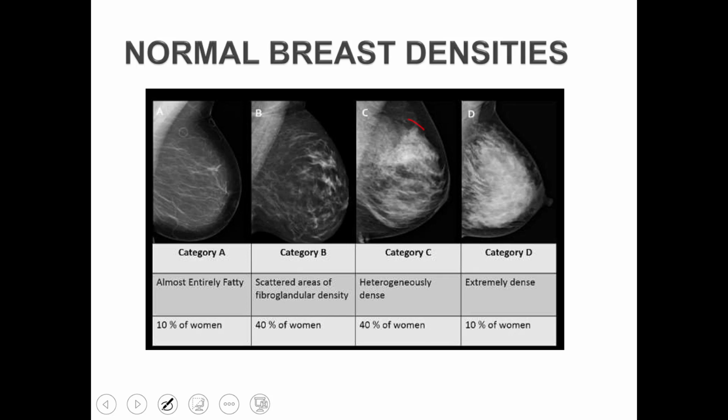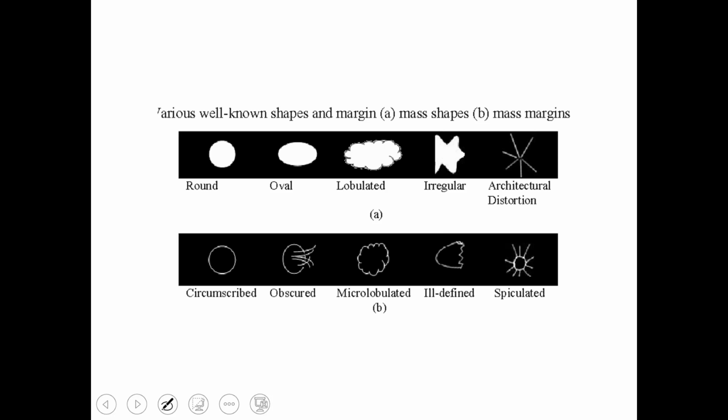So most of the women are in categories B and C, and around 10% of the women come into the A and D categories. So these are the various well-known mass shapes and mass margins of the tissue: round, oval, lobulated, irregular, architectural distortions, circumscribed, obscured, microlobulated.